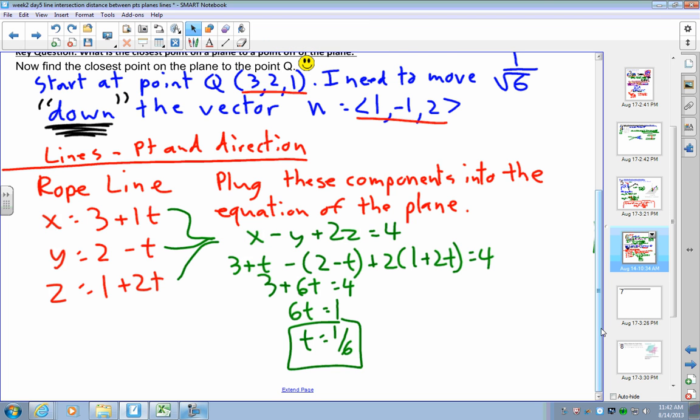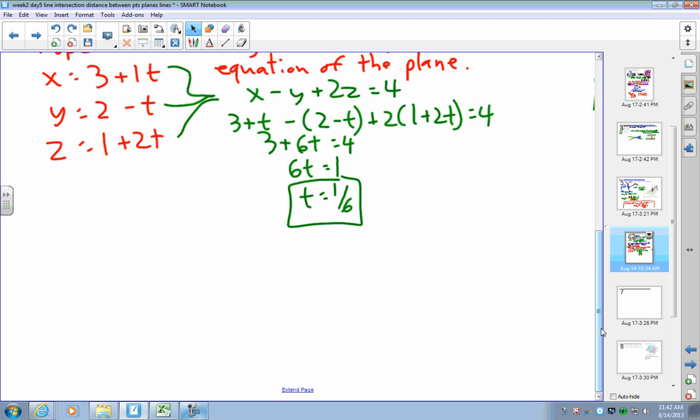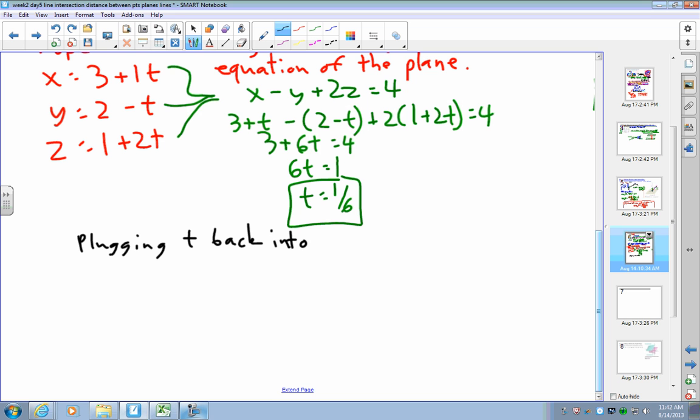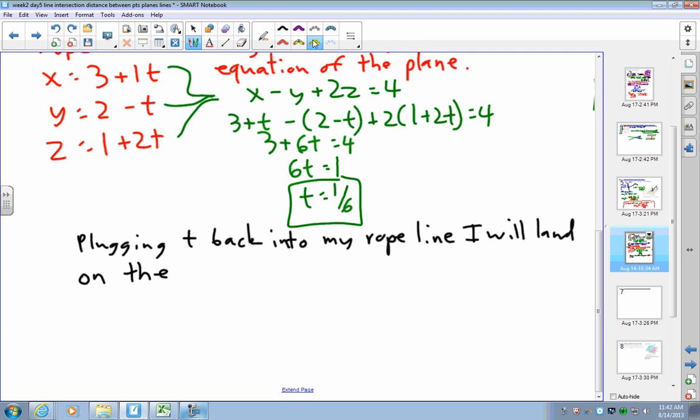So what I can do is go, okay, so now I know that by plugging t back into my rope line, I will land on the smiley face. Okay? So by doing that, I can say x equals 3 plus 1/6, which is 19/6.